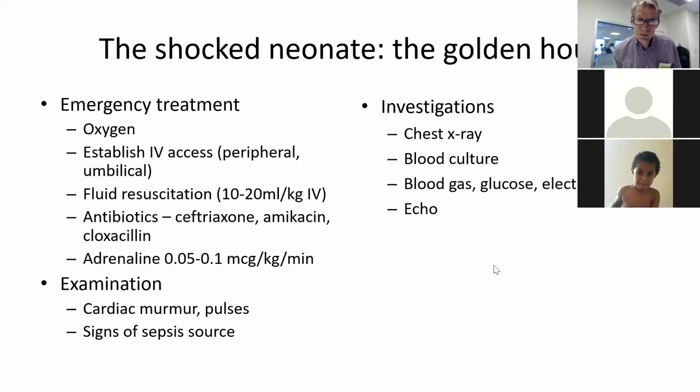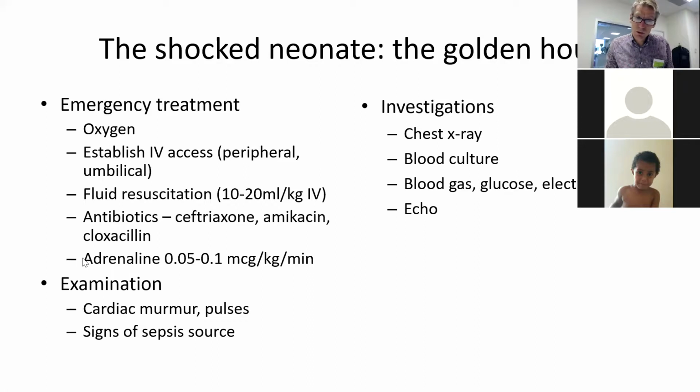With these babies, it's important to do certain things in the first hour. And usually if you do these things, you can get them much more stable. They need emergency treatment with oxygen. You need to put in an IV line, either a peripheral line or an umbilical line, give them some fluid resuscitation, give them antibiotics.